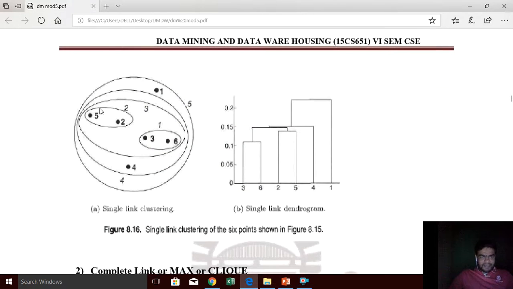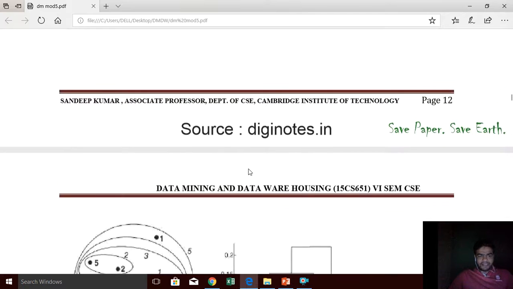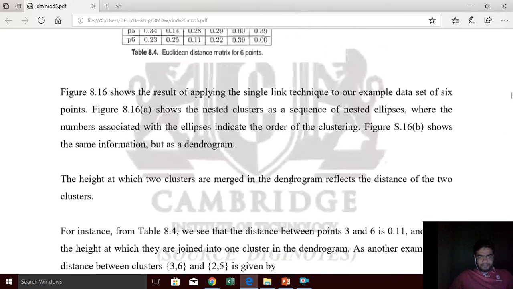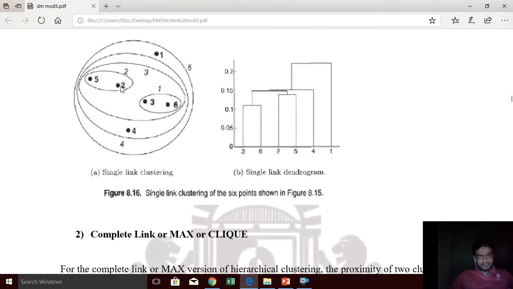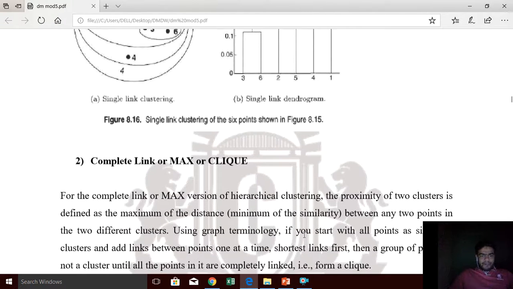So the second cluster will have P2 and P5, because P2 has the minimum and P5 also has the minimum. The third cluster again covers P3 with minimum value 0.36. And the fourth cluster covers all these, and the fifth cluster covers all the same. This is the single link dendrogram for that.